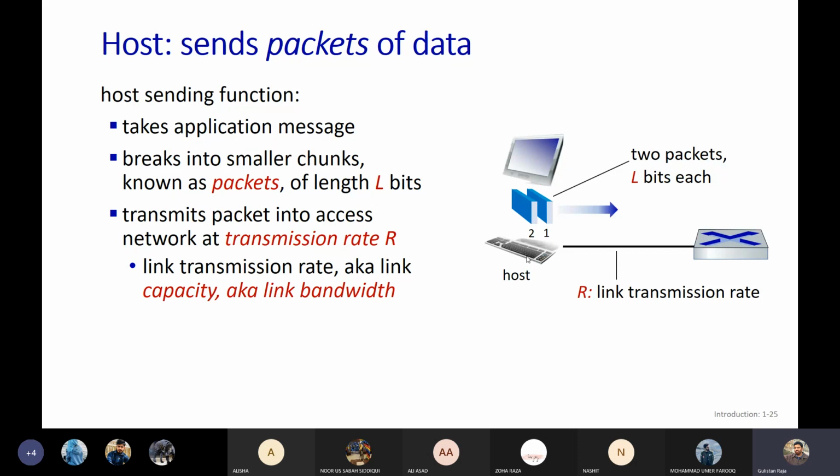That message has long chunks of data that are divided into smaller chunks, and we call them packets. Please do not use chunk. This is not a standard term, only used for understanding purposes. The standard term is packet. So you use a packet of length L bits, and there is a transmission rate R, and the packets are transmitted into the access network at a transmission rate of R.